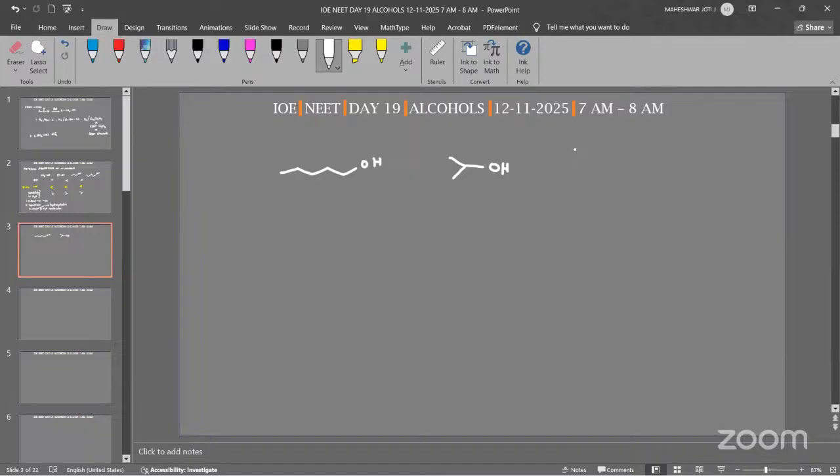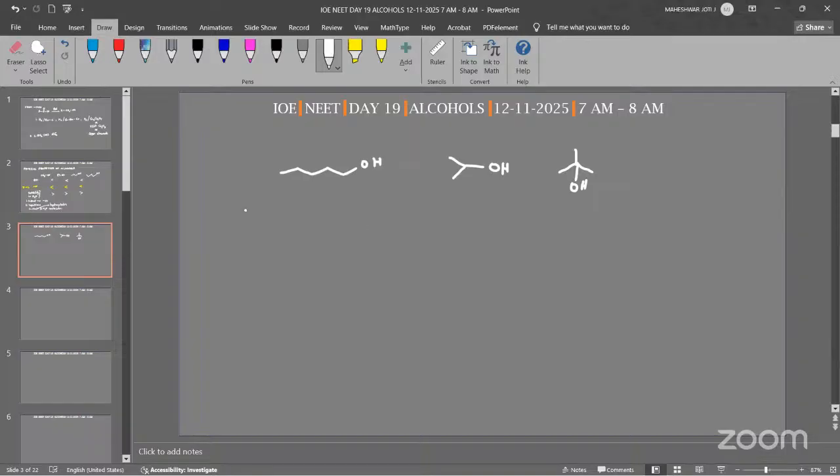Now let us take two branches. Right, two branches. Or with respect to the carbon bonded to the OH group, here one, here two, here three branches. So on moving from first compound to third compound, number of branches are increasing.